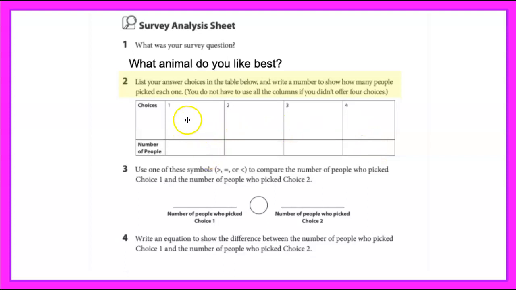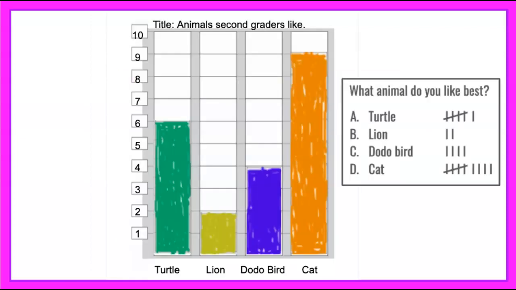So we need to fill in our choices and how many people chose each one. So let's start with our choices first. We had turtle, lion, dodo bird, and cat. And then you might need to flip back to your graph, your bar graph, to remember how many people chose each animal.